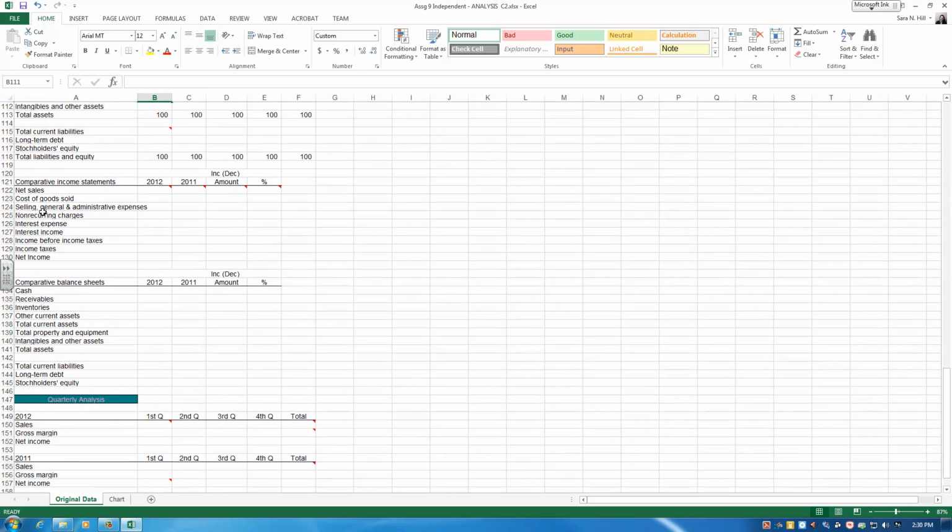Moving right along, our comparative income statement. Here's another common type of report that you'll see a lot in industry. Here we're just taking our net sales from 2011 and 12 and just comparing them side by side.